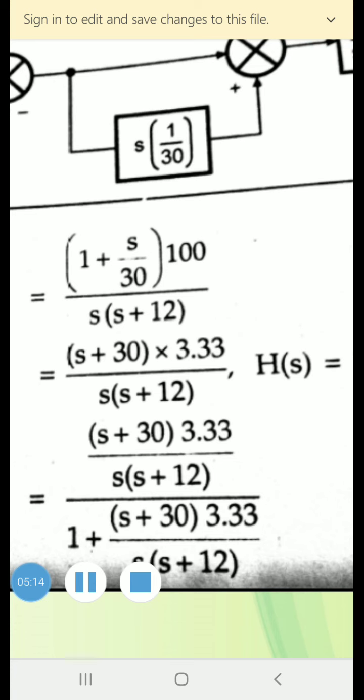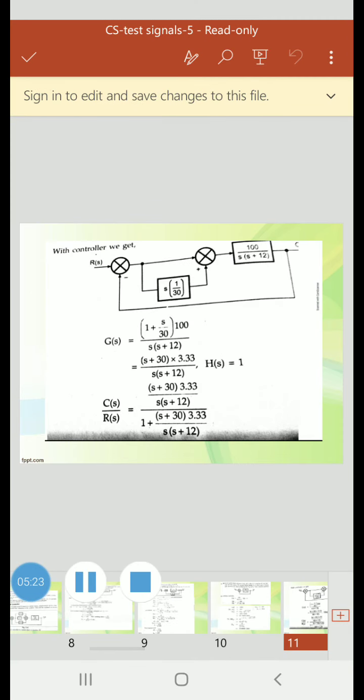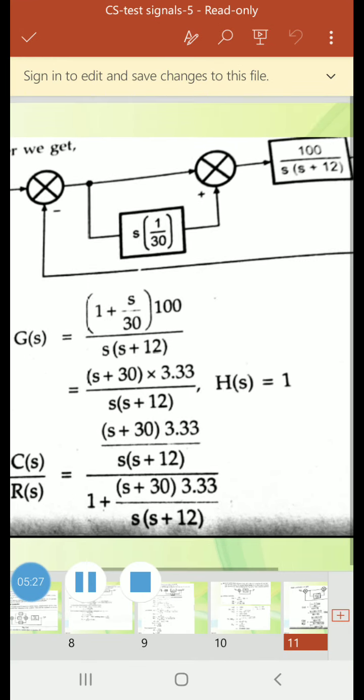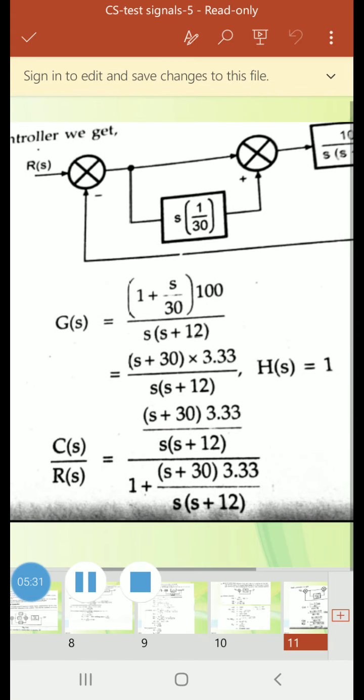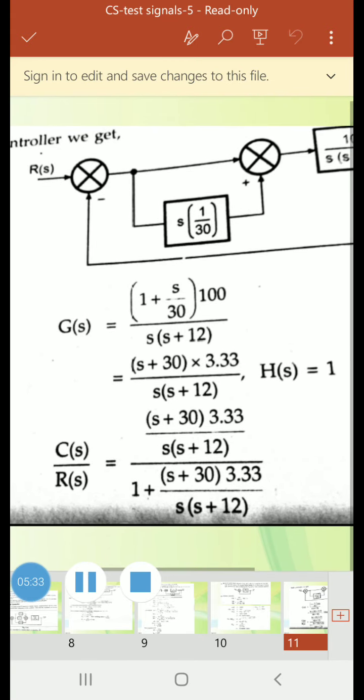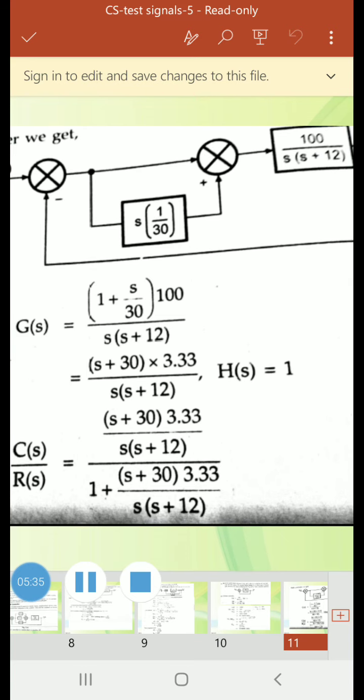Take LCM in the numerator, S plus 30 by 30 into 100. So S plus 30 into 3.33, 100 by 30 is 3.33, divided by S into bracket S plus 12. Now H of S is 1 again. So find C of S by R of S with the formula G of S by 1 plus G of S into H of S.